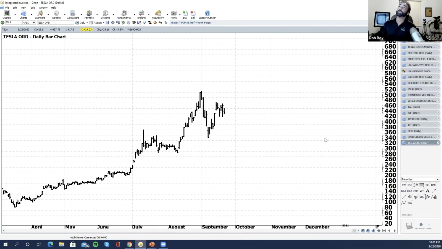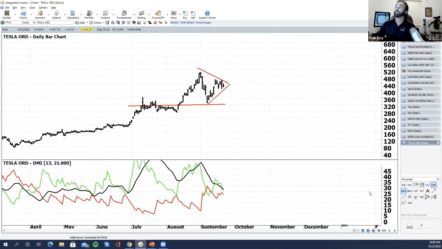But we're still forming that triangle. We talked about that last week, that if it continued to form that triangle, it'd be really, really interesting. And I think it's probably way too expensive, but that is a nicely formed triangle with the low right in this whole area of support. ADX is trying to get down there.